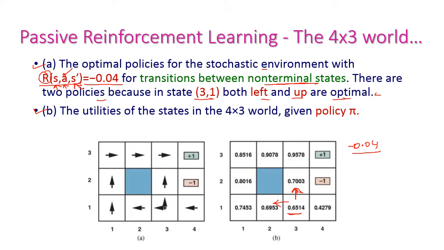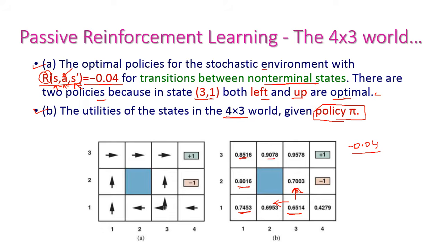Next, the second diagram is the utility for the 4 by 3 world for a given policy. That means for each state, the probability is given.